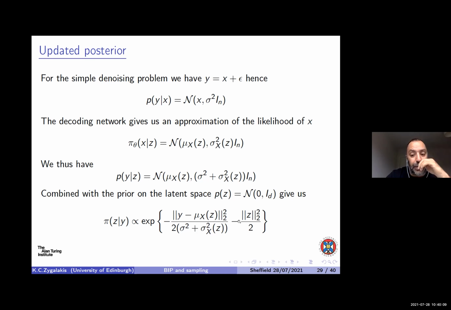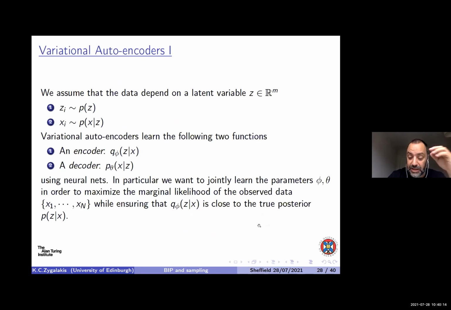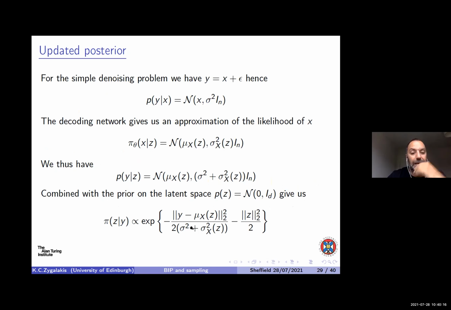So the prior now is Gaussian, I have assumed that this pi of Z is Gaussian, but now I have a non-linear likelihood. So I went from a convex problem in very high dimension to a problem that is potentially non-convex but lives in a lower dimension, okay.